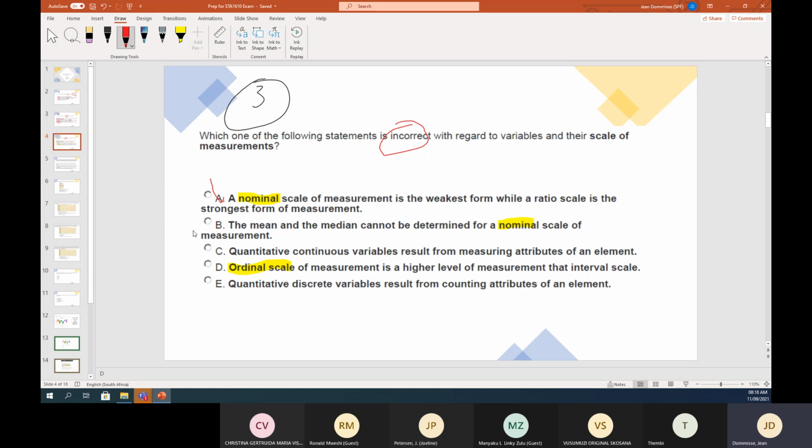So definitely this is incorrect. You can't get a mean and median from a nominal scale.